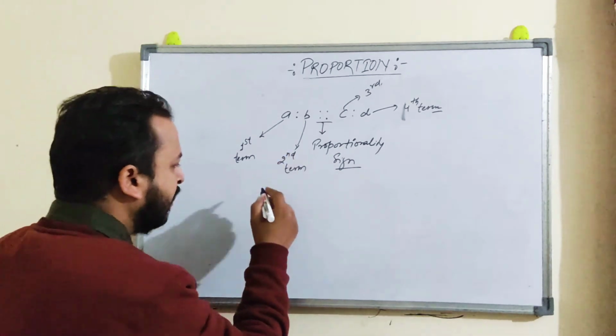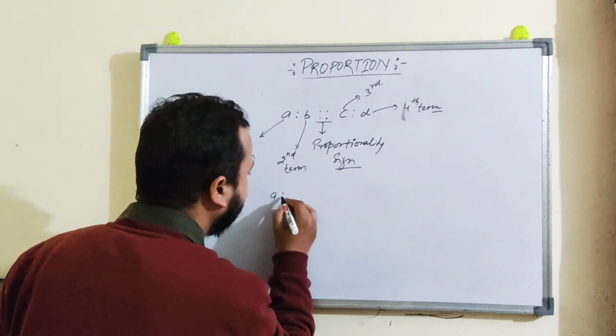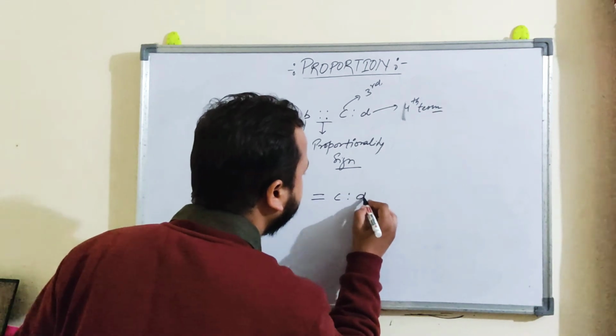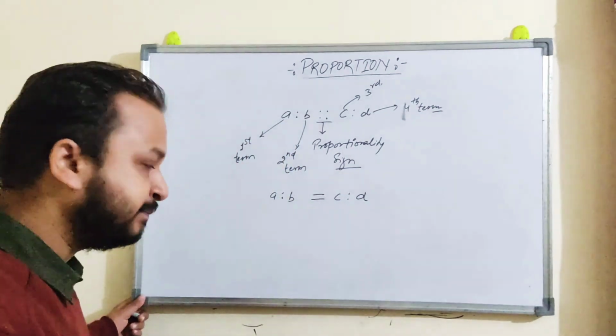You can also write it like this: A is to B is equal to C is to D.